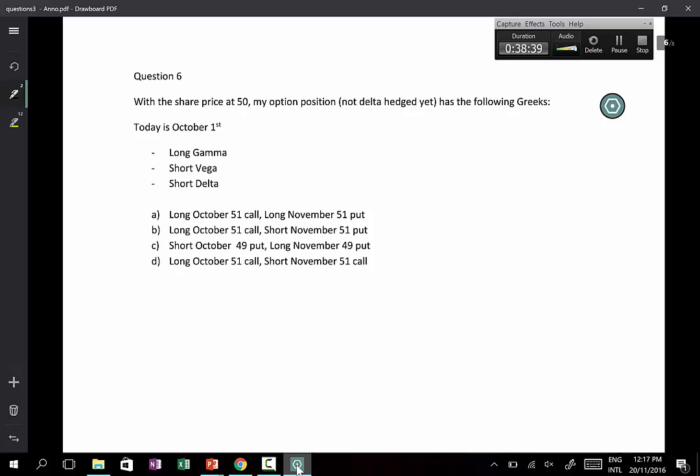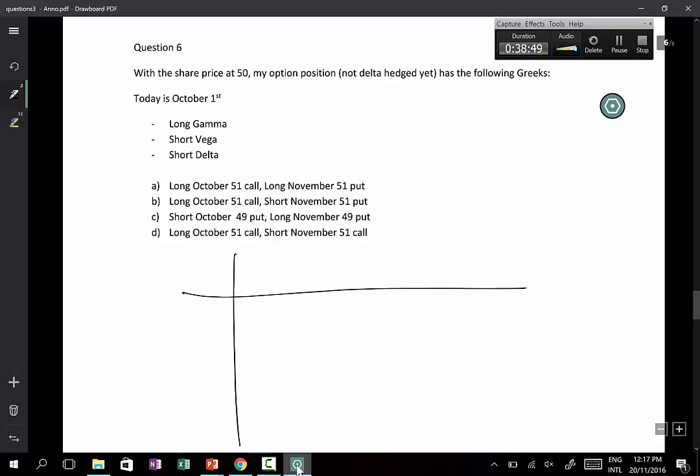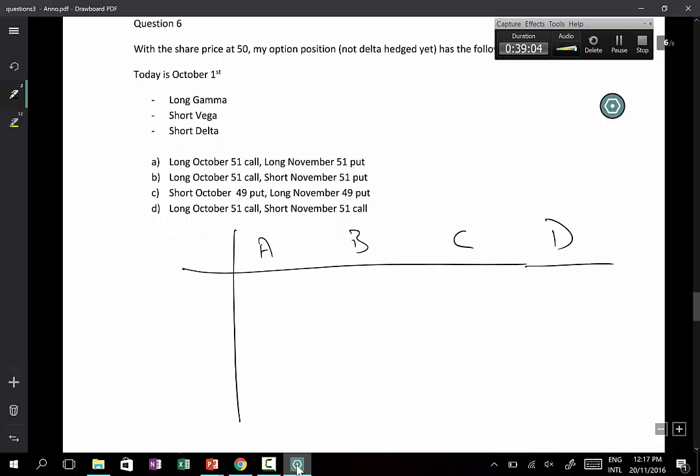Now, the best way to analyze something like this is just to lay them all out. So for choice A and B, and C and D, let's try and figure out what is happening to the gamma.